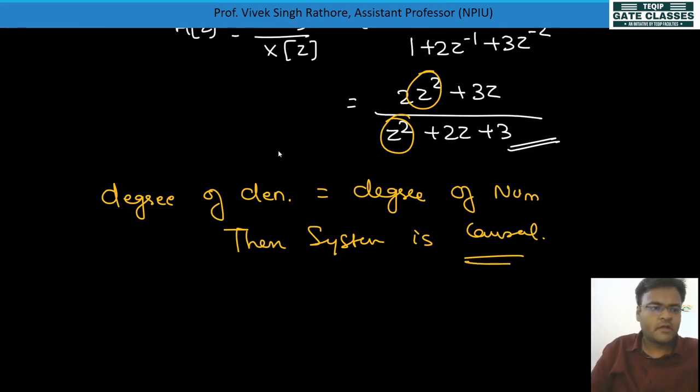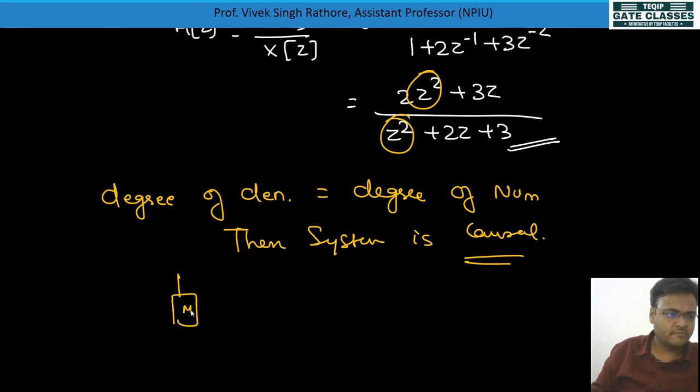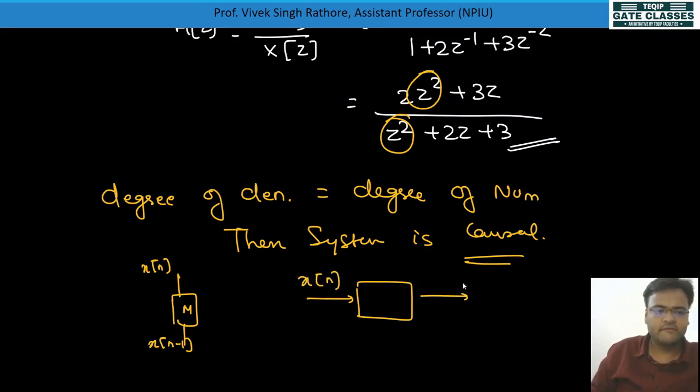And the delay factor, I was telling you this was m. If you are giving input as x of n, it was taking output as x of n minus 1. So what is this delay factor? When an input x of n is given and it comes out as x of n minus 1, its z transform will be X of z times z to the power minus 1.